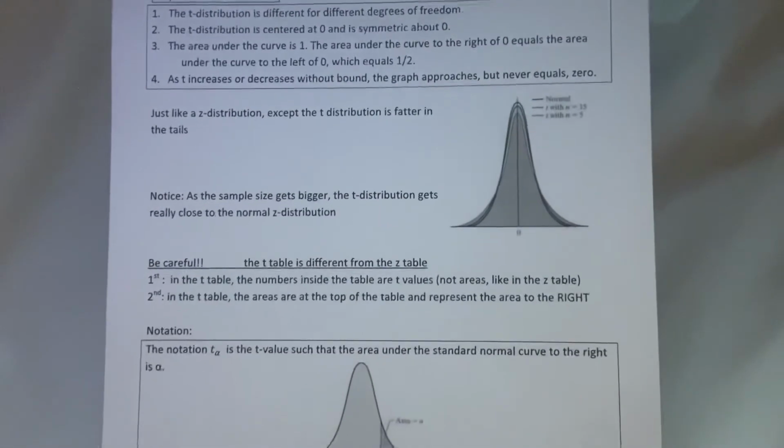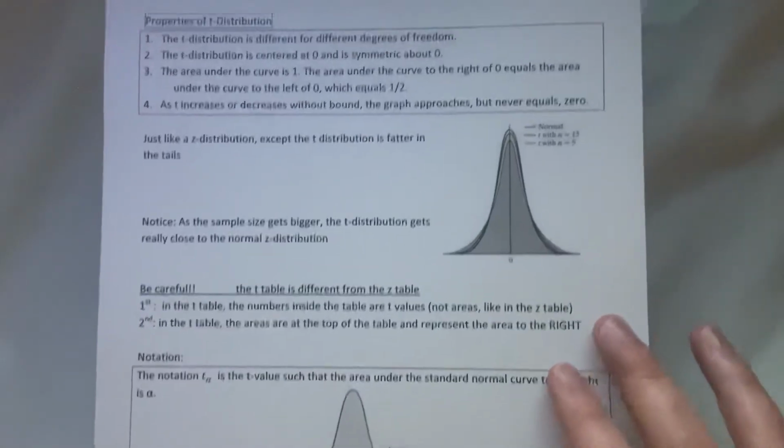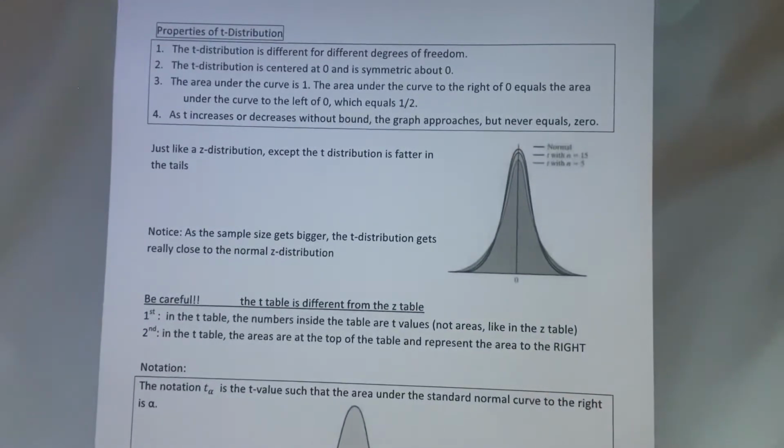So what are some of the properties of the t-distribution? This is the first time we've worked with it. The t-distribution is different for different degrees of freedom. The larger your sample size is, the closer and closer it gets to the z-score table because it gets closer to being normal. The t-distribution is centered at 0 and symmetric, just like the z-score. The area under the curve is 1, just like z-score.